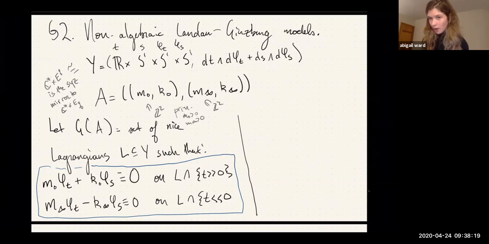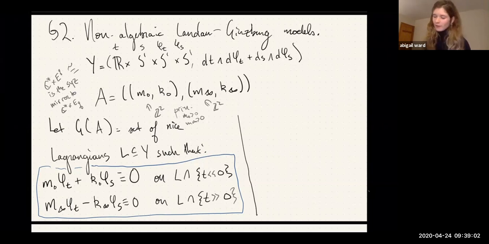So at one end, when t is much less than 0, I'm going to say the Lagrangian, this function m naught phi t plus k naught phi s, is identically equal to 0 on the Lagrangian.